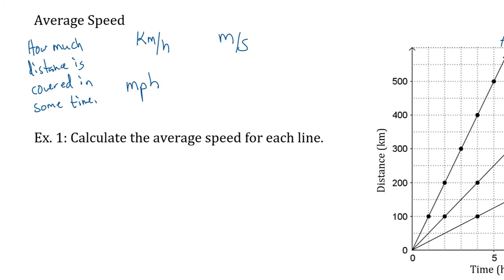So if I'm looking at a specific rate, like 200 kilometers in 2 hours, well, that's the same rate as 300 kilometers in 3 hours. So those numbers aren't the same, but the rates are the same, right? The change that's happening is the same.